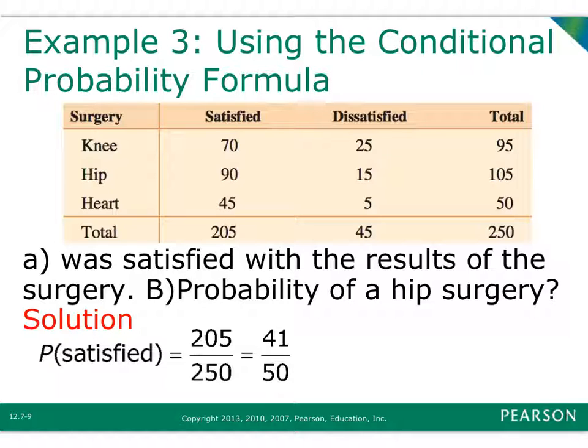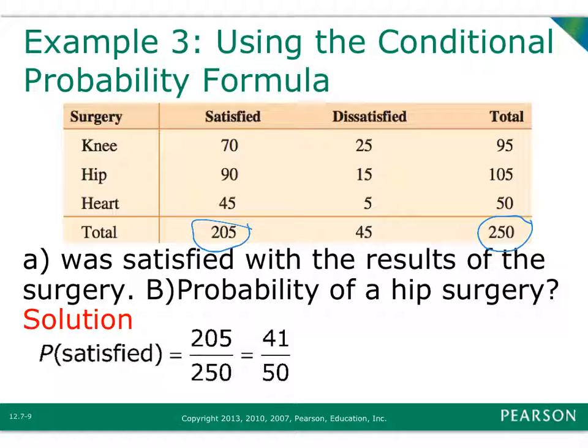That's part A. We see that the total number of individuals that are satisfied is 205 out of the 250 patients. So the probability of satisfied is 205 divided by 250, which is equal to 41 out of 50.